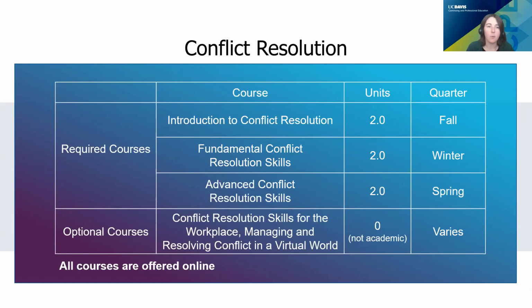Due to the pandemic, we're offering all of them online this year, and we expect in future years to offer a mix of online and in-person offerings for the fundamental and the advanced conflict resolution skills courses. That is subject to change depending on public health guidelines and student and instructor safety.